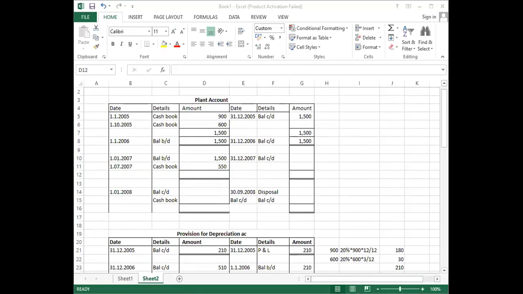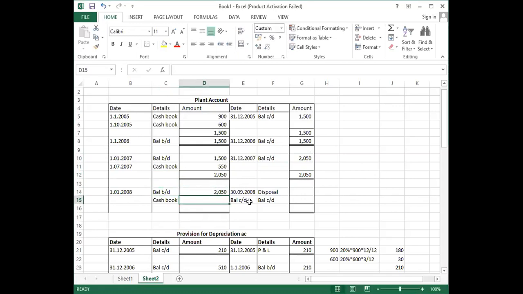Good. And therefore, it means for that year, the balance was what? 2050? Is the balance 2050? And that will be our balance carried down for that year, which will form our balance brought down on 1st January, year 2008. It will be 2050 there, right?